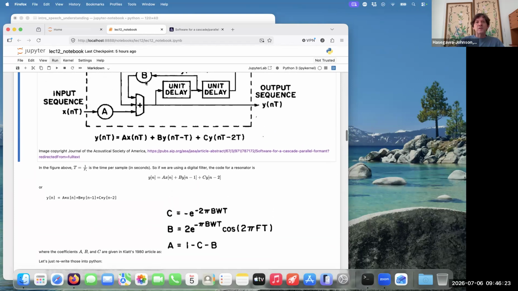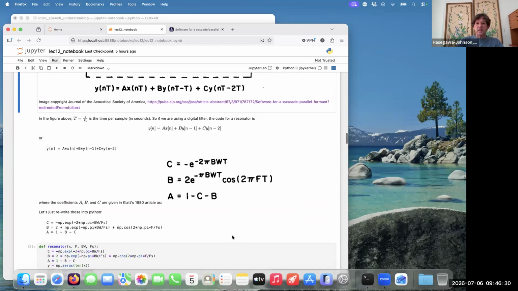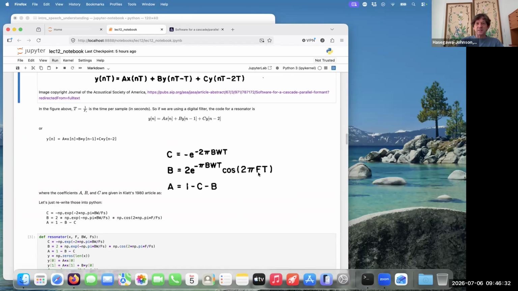The feedback coefficient b is 2 times e to the minus pi times bandwidth times sample time, times cosine of 2 pi times the formant frequency f times the sample time T. Writing those in terms of Python, c is equal to negative e to the minus 2 pi bandwidth over fs, and b is 2 times e to the minus pi bandwidth over fs times the cosine of 2 pi times the formant frequency over fs.